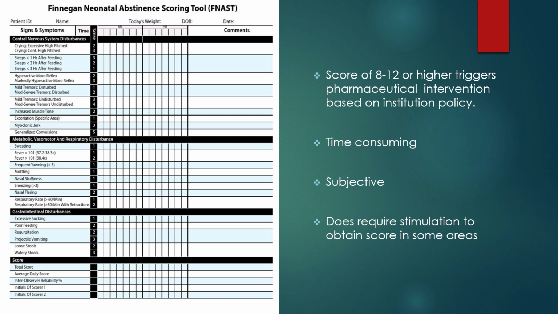It is subjective to the person doing the screening, and it requires stimulation of the newborn to score some of the areas. These babies are very sensitive to stimulation, and it can cause more problems. So while it's helpful and gives a broad picture of how the baby is doing, it can also be detrimental to the newborn going through their withdrawal.